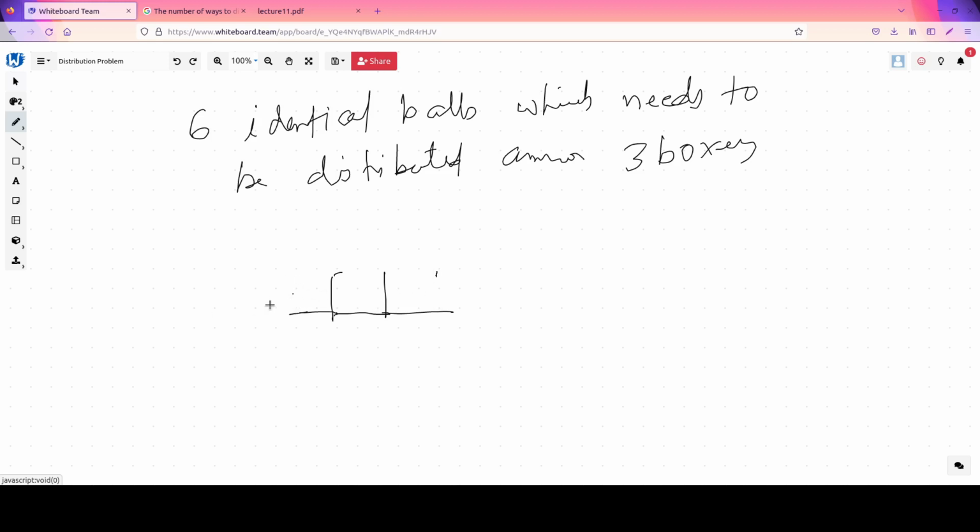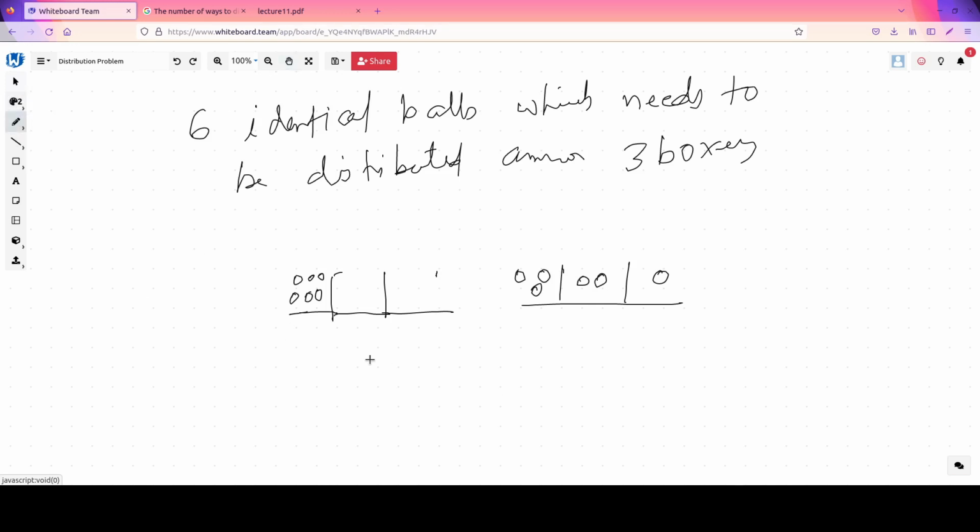So either you can put all the 6 balls here and place nothing in the others, right? Or you can put 3 balls here, 2 balls here, and 1 ball here, because there is no restriction that each of the boxes should have at least or at most 1, or whatsoever, right?